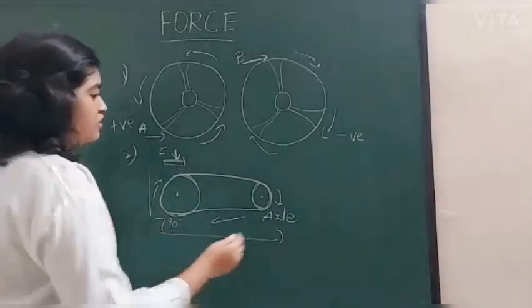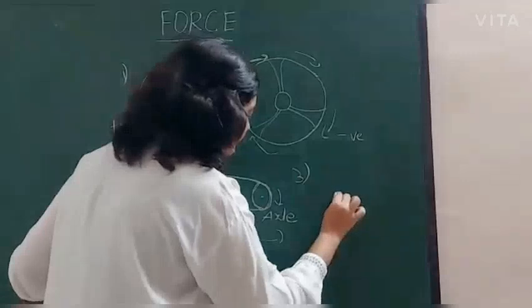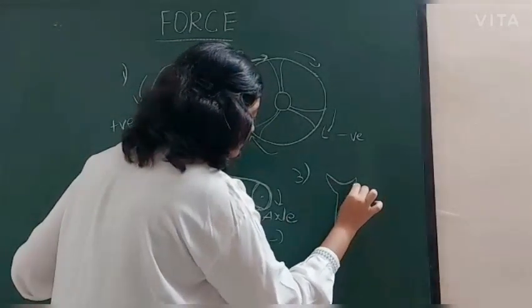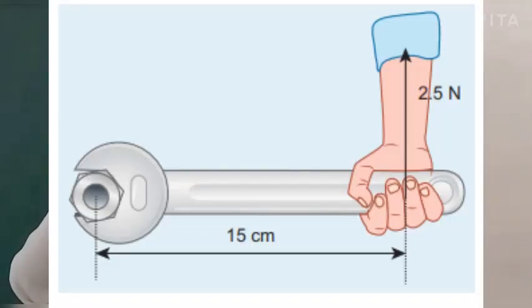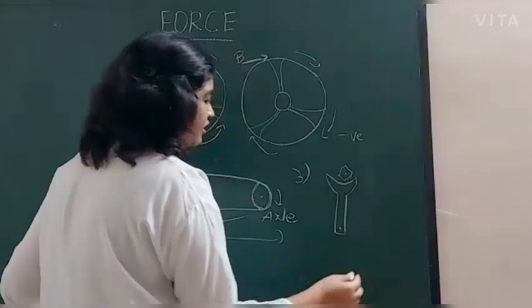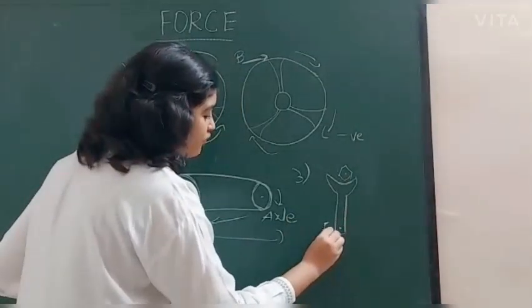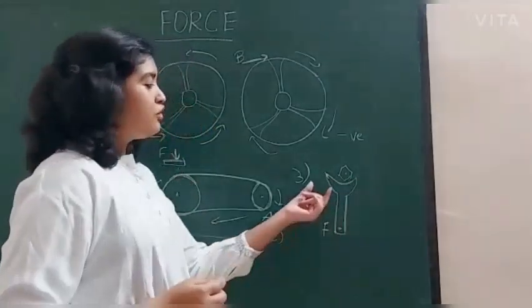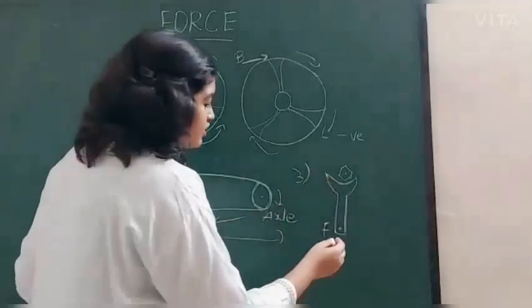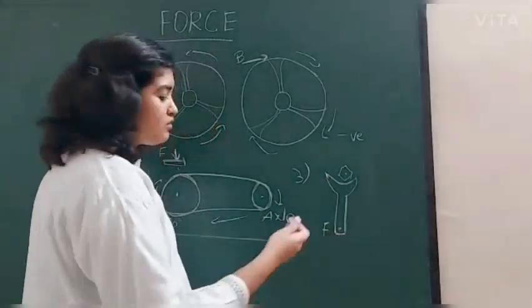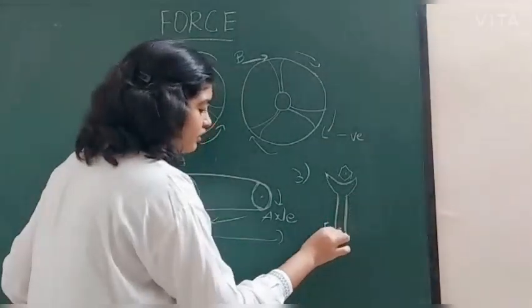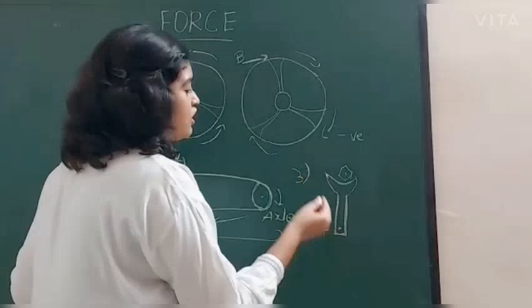And another example is of a spanner, which you have maybe already seen in your houses. This is the spanner, and this is the nut. If you apply force at the end of the spanner, you produce a moment of force. So there is no need of applying a large amount of force, and that's why there is a long handle on the spanner.